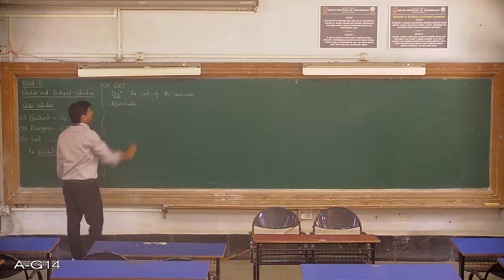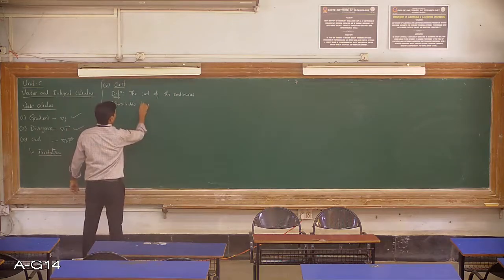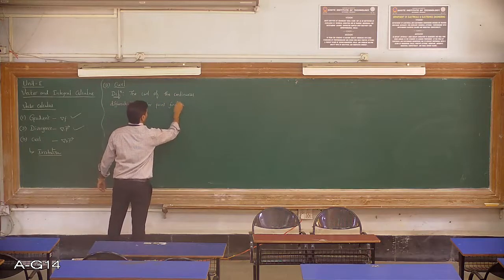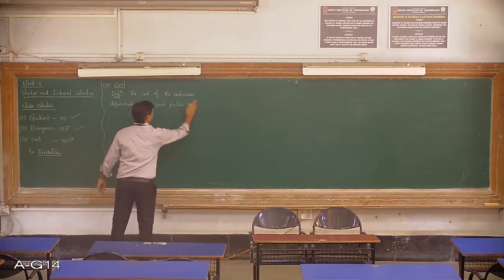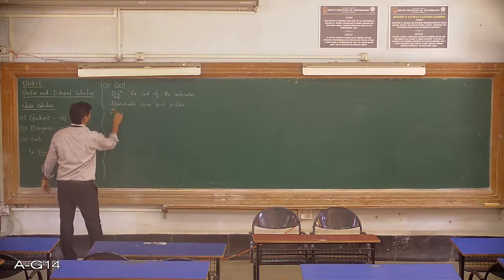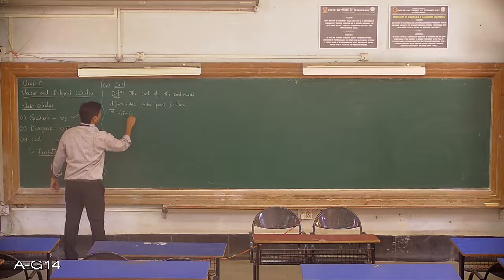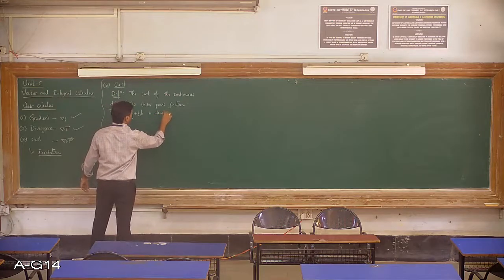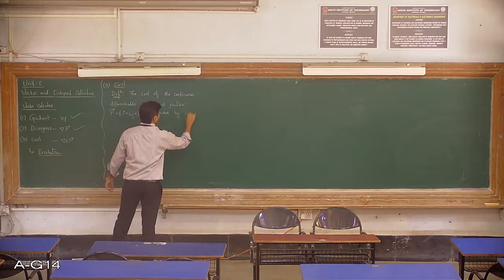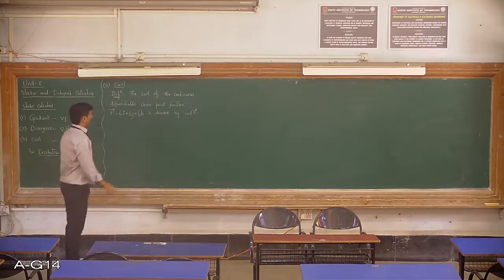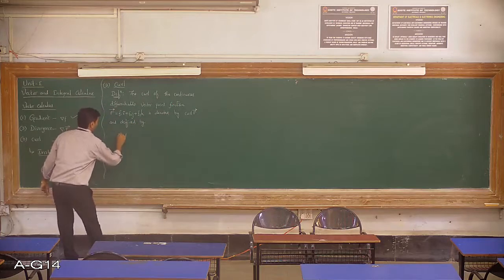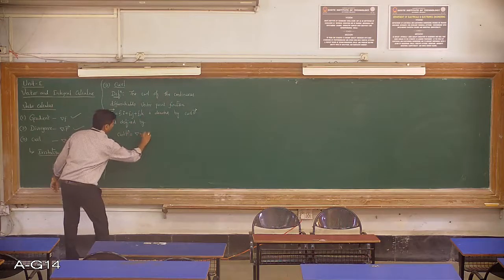The curl of the continuous differentiable vector point function f, where f is equal to f1 i plus f2 j plus f3 k, is denoted by curl f and defined by curl f is nothing but del cross f.